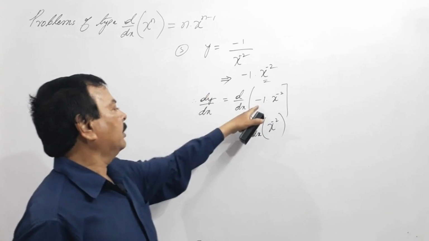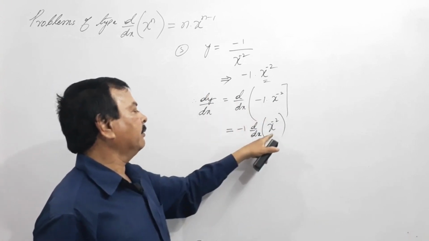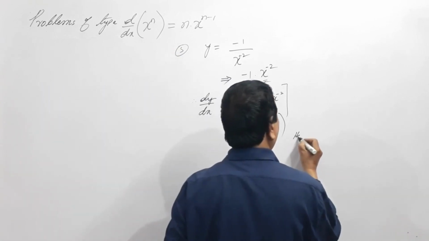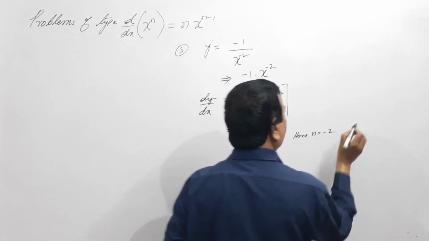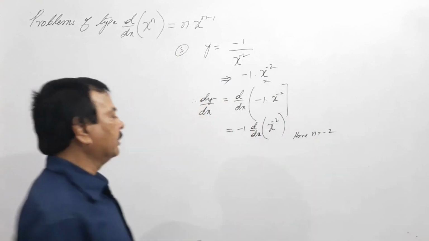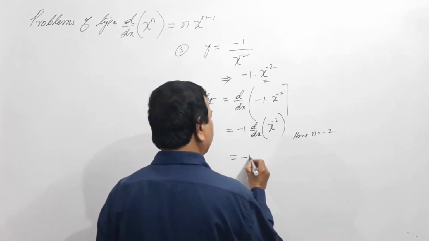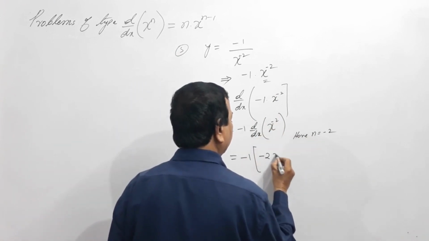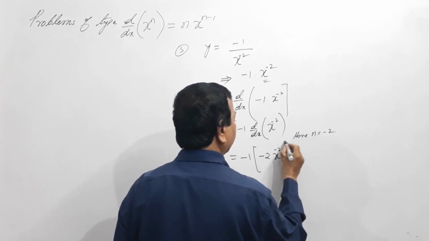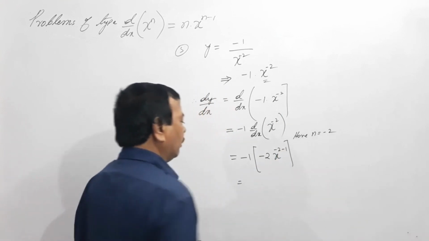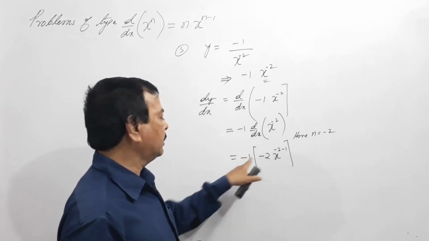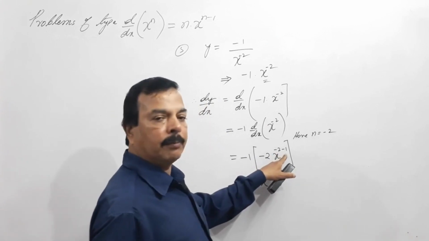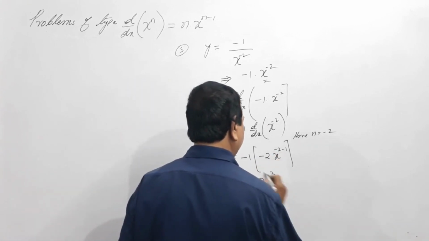Here n equals minus 2. Now differentiate this. I will keep this minus 1 outside. So n is minus 2 into x to the power of minus 2 minus 1. That is now minus into minus, plus. 2 ones are 2. This becomes 2 into x to the power of minus 2 minus 1, which is minus 3.